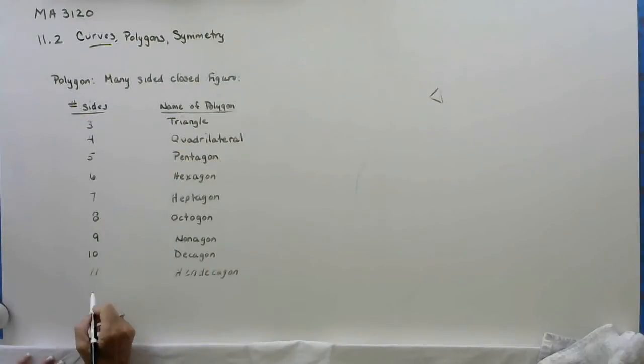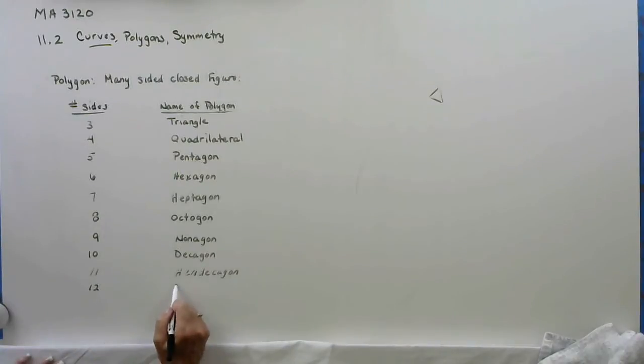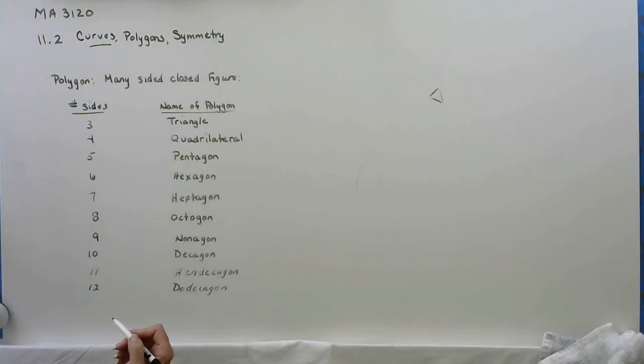Twelve is what we call a dodecagon. And pretty much anything after that, if it's 15 sides, it would be a 15-gon. 16 sides would be a 16-gon. 20 sides would be a 20-gon. So we just call that an n-gon.